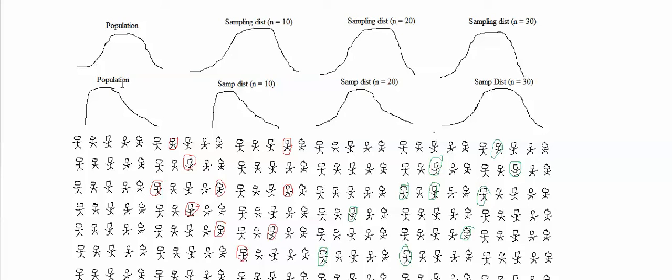If the population is skewed, then the sampling distributions with smaller sample sizes are skewed in the same way as the population. But the sampling distributions with larger sample sizes are more and more normal. And there's actually a name for the rule that we've just covered. It's called the central limit theorem.